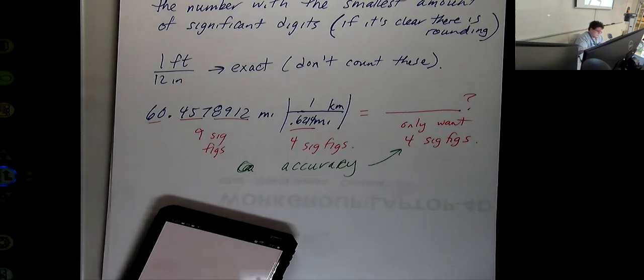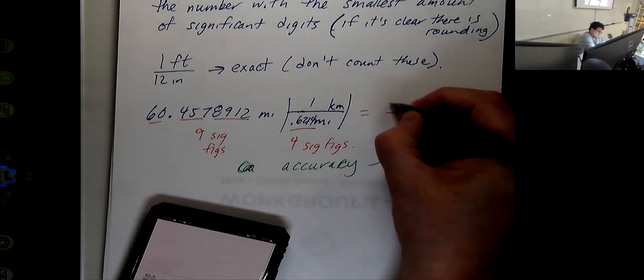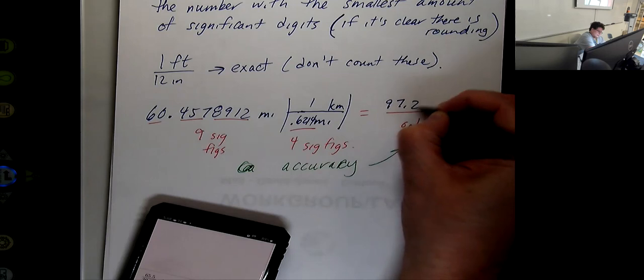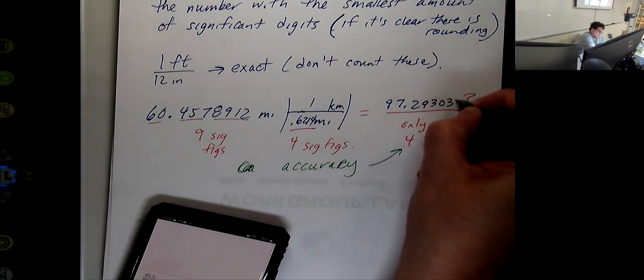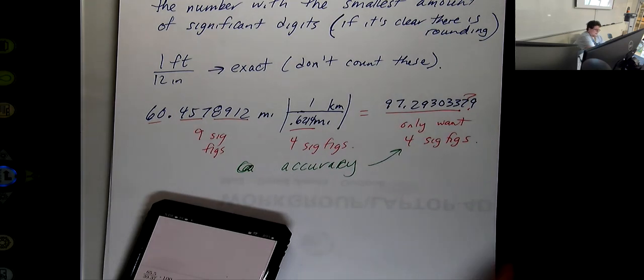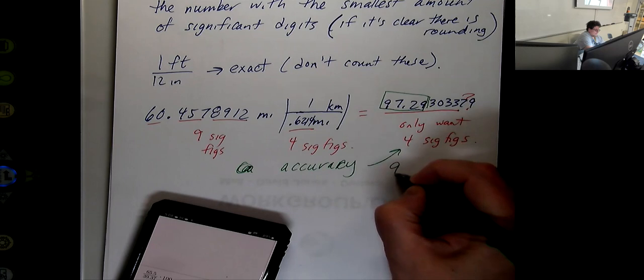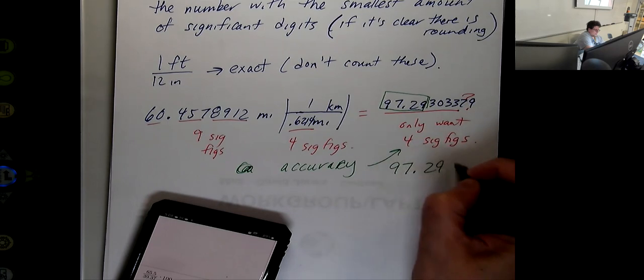Excellent point. So 60.4578912 divided by 0.6214. What I get from the calculator, I'm only going to count the first 4. 97.29 kilometers.